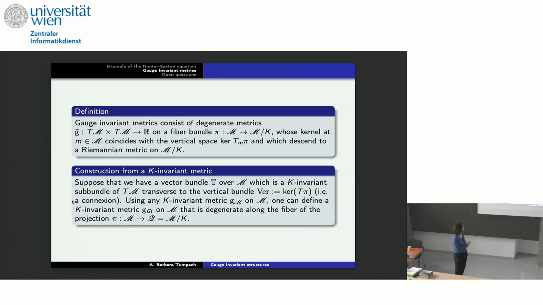So this is why it descends to a Riemannian metric downstairs. So how to construct this kind of K invariant metric on the total space M?